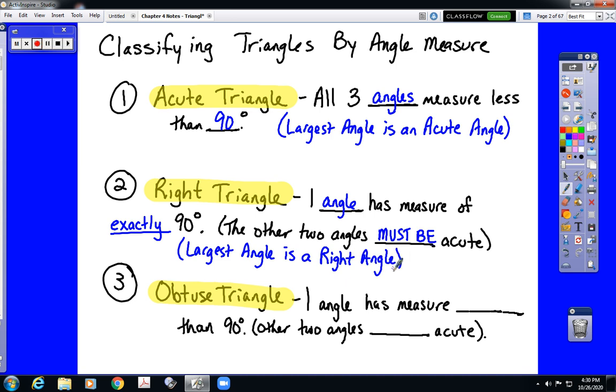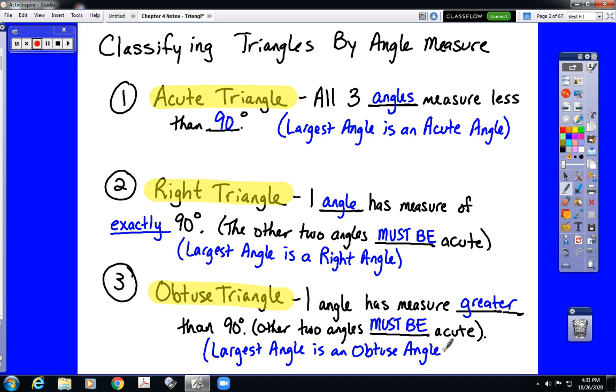Finally, we have obtuse triangles where one angle measure is greater than 90 degrees. The other two angles, again, must be acute. So in reality, what we're looking at here is that the largest angle in that triangle is an obtuse angle.